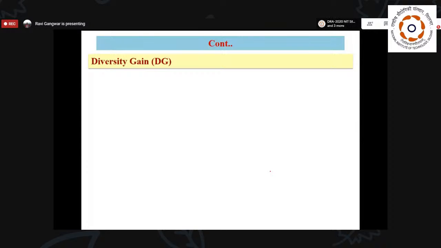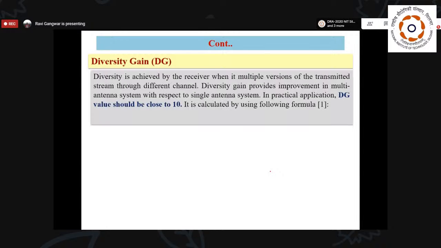Now, the second parameter is the diversity gain. If we define the diversity gain, we can say that it is the increase in signal to interference ratio due to diversity techniques, or how much the transmission power can be reduced when a diversity scheme is introduced.